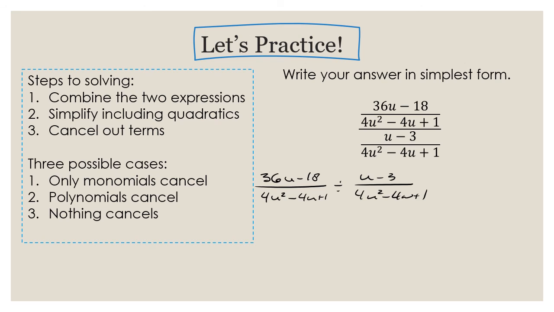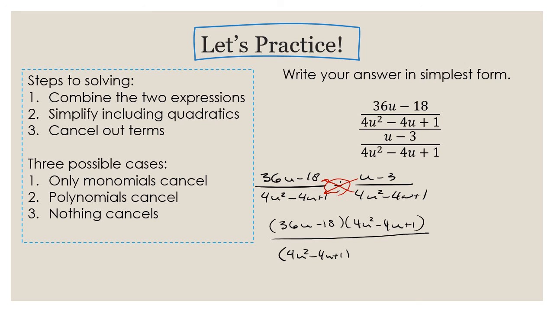Okay, this is division, which actually means this is going to go to the denominator and this is going to go to the numerator. So I'm going to get 36u minus 18 times 4u squared minus 4u plus 1, all that over 4u squared minus 4u plus 1 times u minus 3.